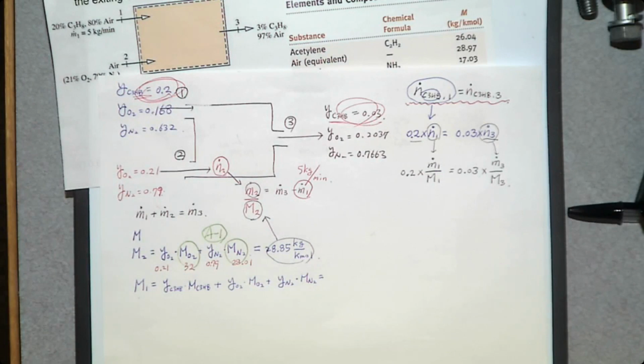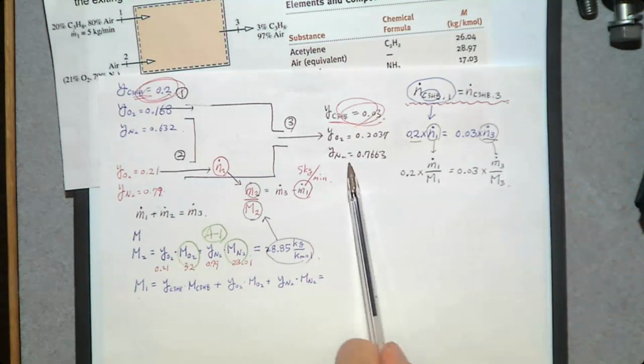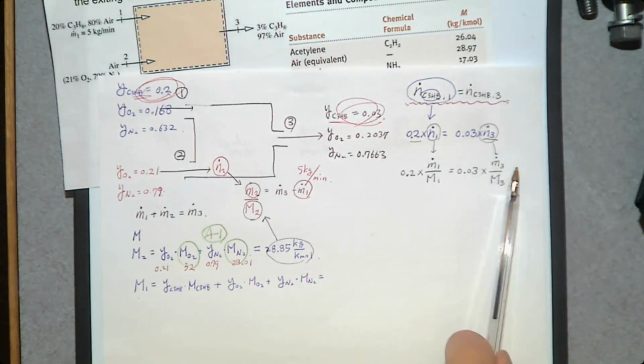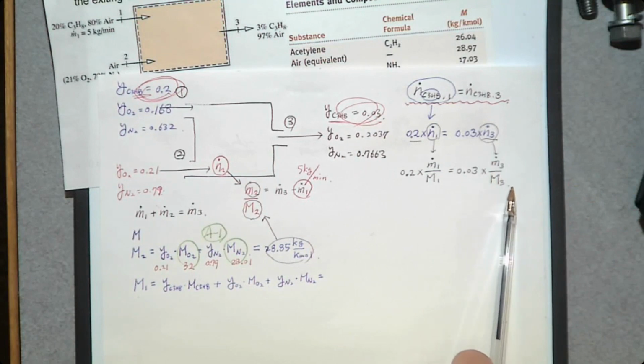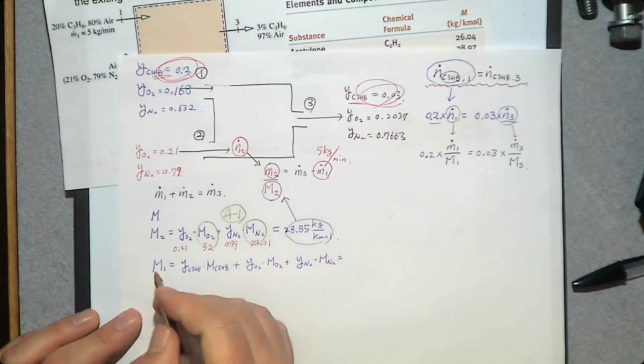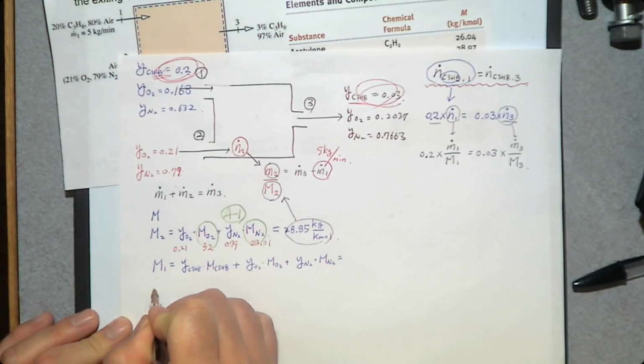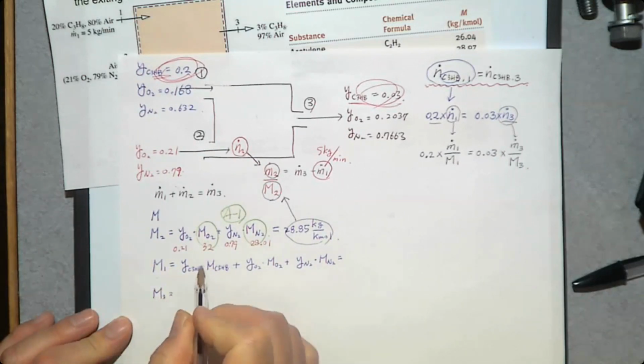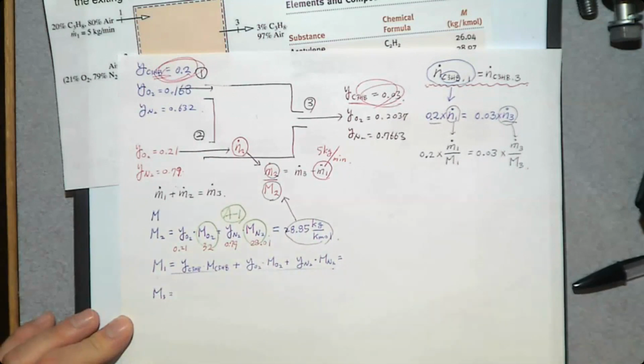That's how you determine the average molecular weight at the inlet number 1. What about at the exit number 3? Because we need to determine this M3 molecular weight at the exit. We can use the same equation.